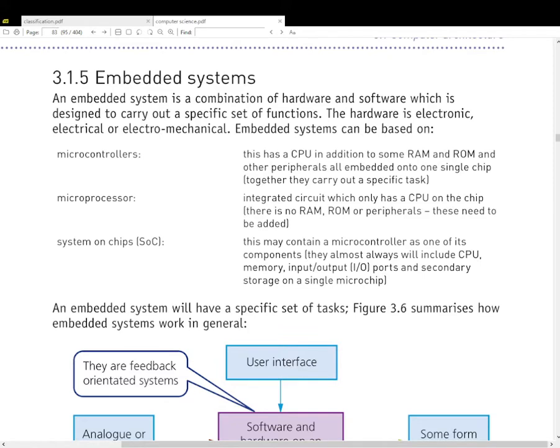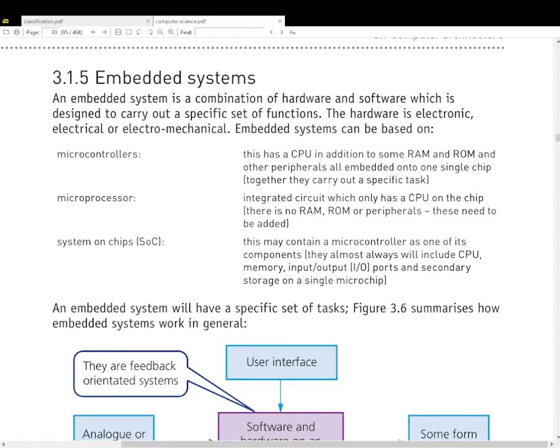Now, an embedded system is based on three hardware components. It can be a microcontroller, it can be a microprocessor, or a system on a chip, right? Those are the three hardware components on which an embedded system can be based.